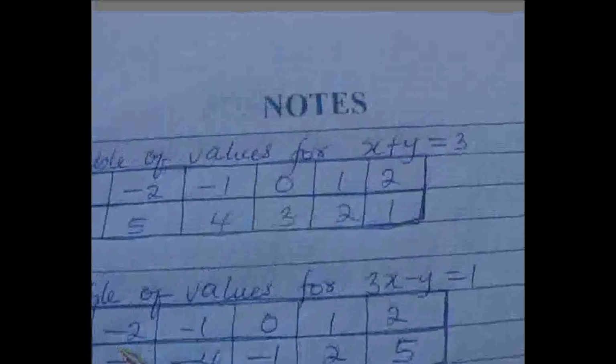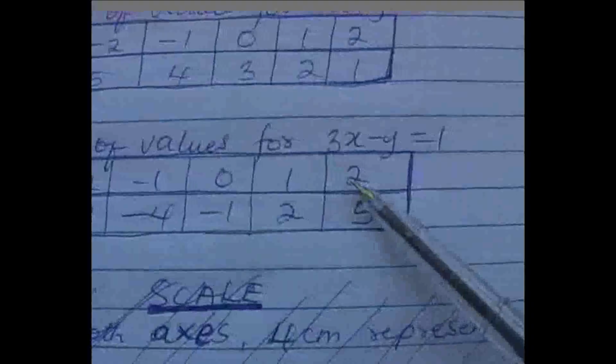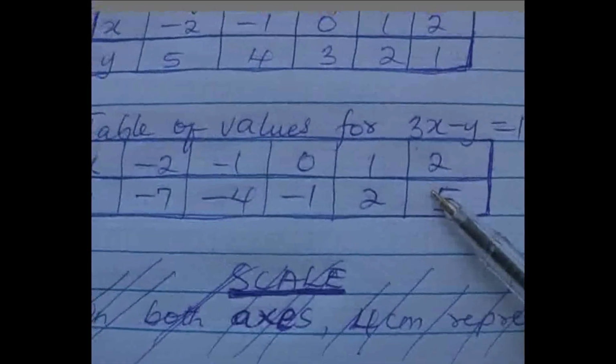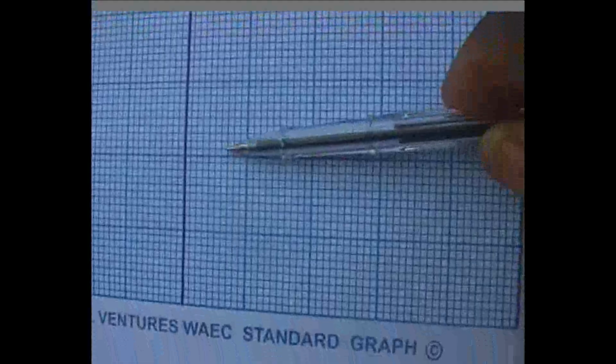Now we added 7 and 5 and we got 12. Now let's see if spaces of 2 cm are up to 12 on this graph. We have 1, 2, 3, 4, 5, 6, 7, 8, 9, 10, 11, 12. That means it's going to work.